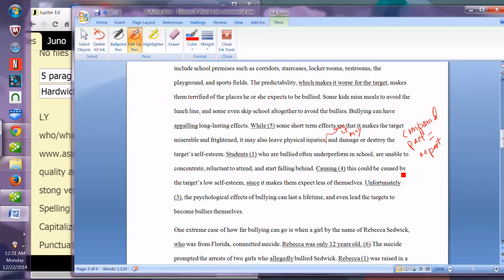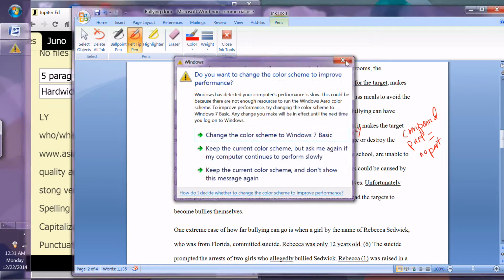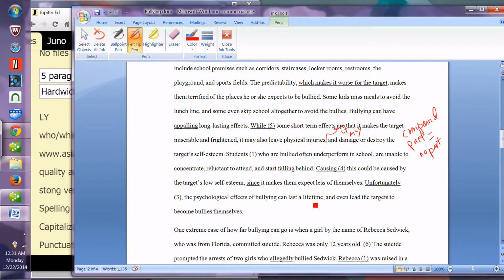And again here, unfortunately, the psychological effects of bullying can last a lifetime and even lead the targets to become bullies themselves. Again, you've got compound parts instead of a compound sentence, and we could fix this by putting a subject on this side: the psychological effects of bullying can last a lifetime and it can even lead the targets to become bullies themselves.